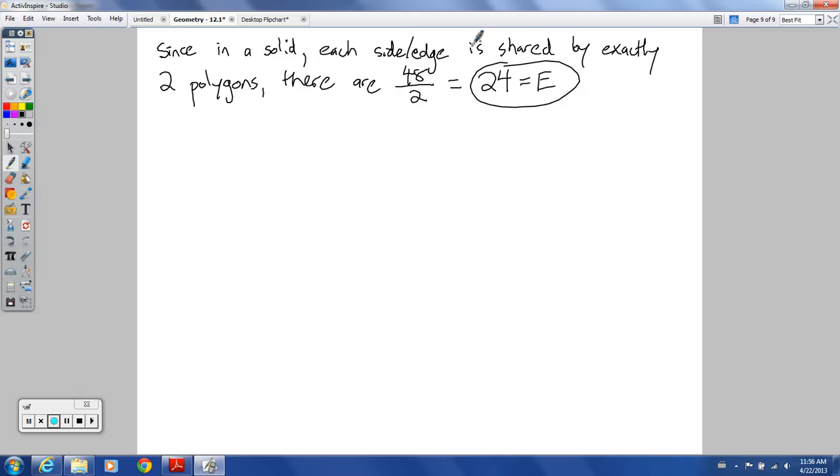So 24 equals E, total edges. So that was the harder part. We've got our E value now.